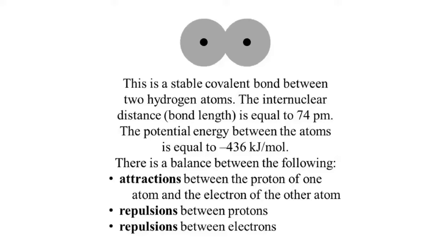There is a balance between attractions and repulsions. The attractions are between opposite charges, between the positive proton of one atom and the negative electron of the other atom. But there are also repulsions between like charges, between the protons and between the electrons. So there's a nice balance when there is a stable covalent bond.